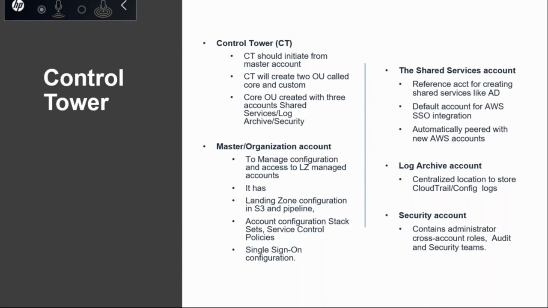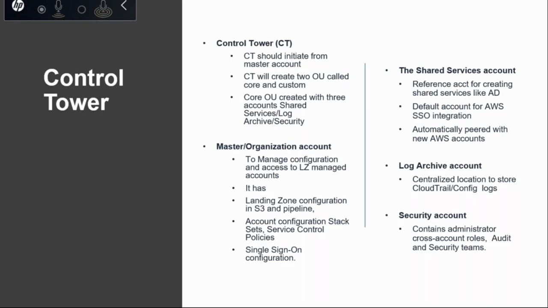When you click that Control Tower, by default, it will create two OUs. In an organization, we call it an OU, organizational unit. One is Core and another one is Custom. The Core OU contains the Control Tower accounts, because to manage the entire setup, Control Tower itself will create 3 accounts.